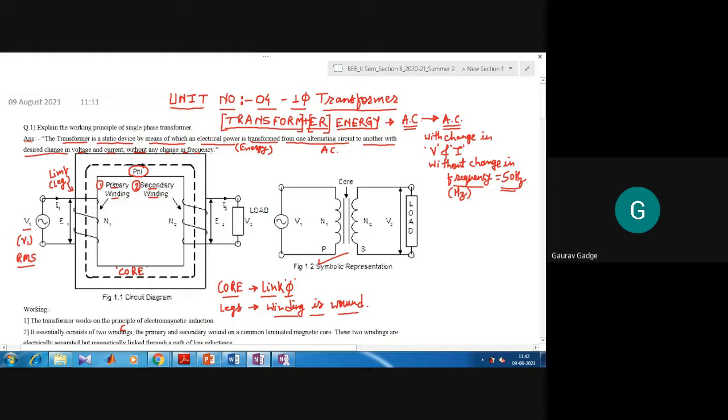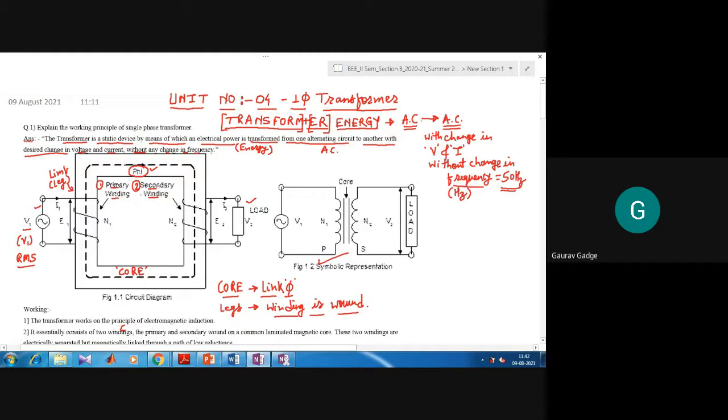That core is the medium through which that flux links, and that flux linkage takes place from primary winding to the secondary winding. So primary winding में जो flux develop होगा, that flux links with the secondary winding. You can see there is a flux which is represented as phi.